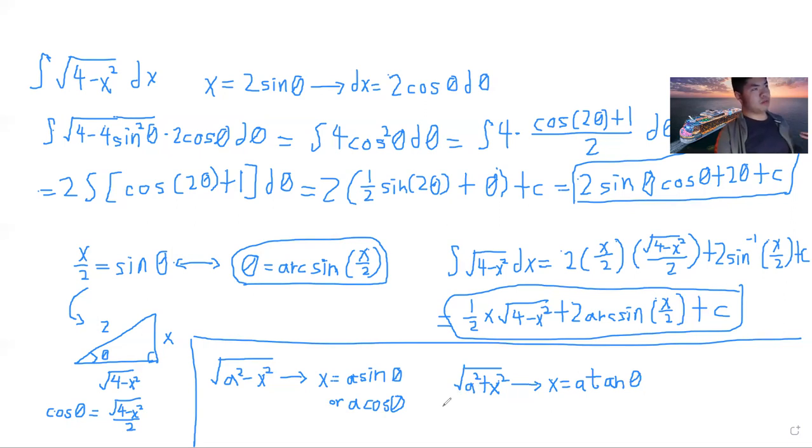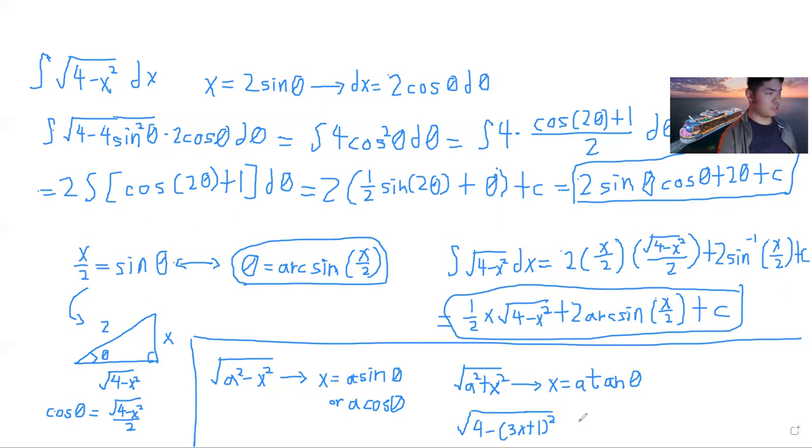And a doesn't always have to be a perfect square. If a was 3, then x could be root 3 sine theta or root 3 cos theta and such. And it just doesn't have to be strictly x squared. So if it was like 4 minus 3x plus 1 squared, you could work something out from here.